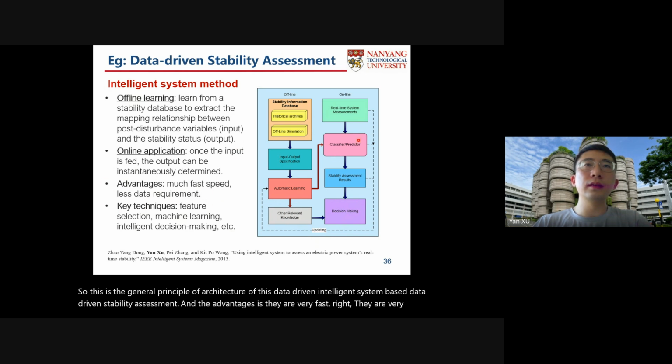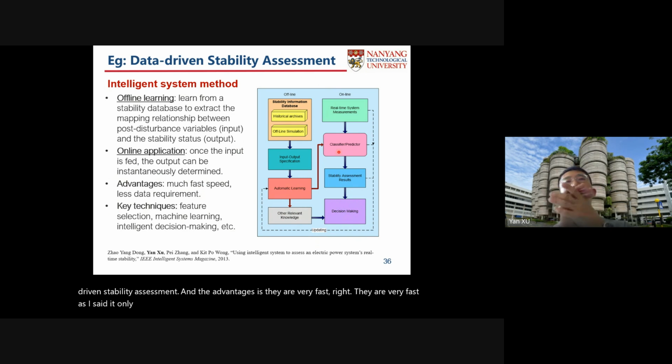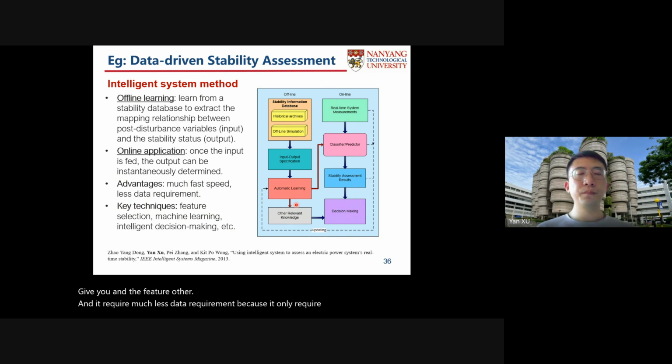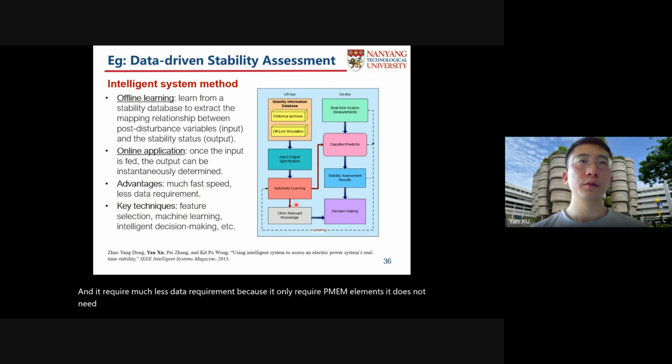As I said, it takes less than milliseconds to give you an output. And it requires much less data because it only requires PMU measurements. It does not need other measurements to do such prediction.